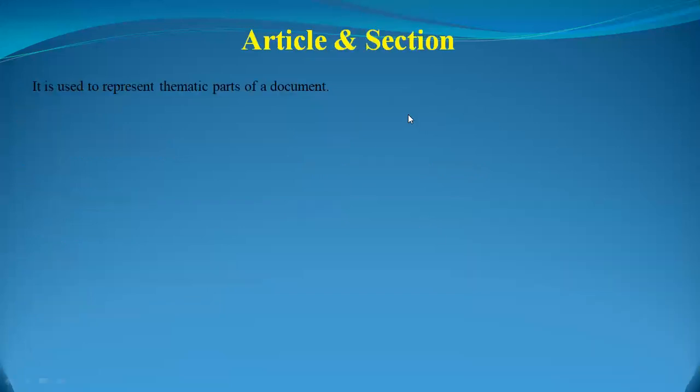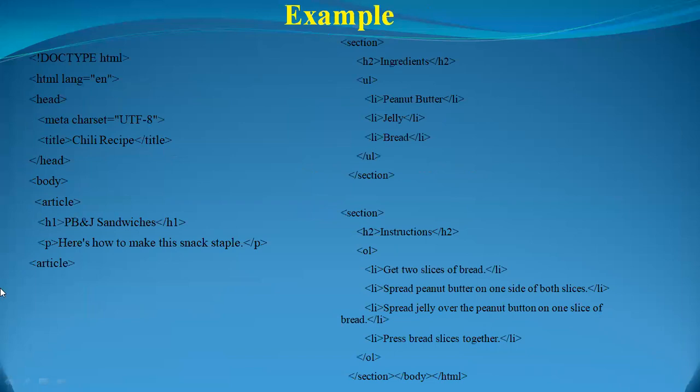Then article and section. They are used to represent a thematic part of the document. See here, document HTML, language English, head tag is there, meta tag should be there. Under the title tag, Chili Recipe, the head tag should be closed, the body tag opened, the article tag should be opened, then H1, PB and J Sandwiches, H1 closed, the paragraph tag here shows how to make the snack.